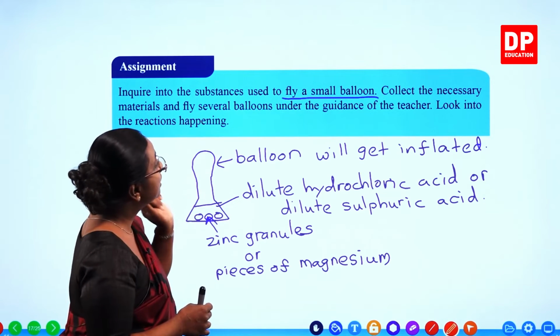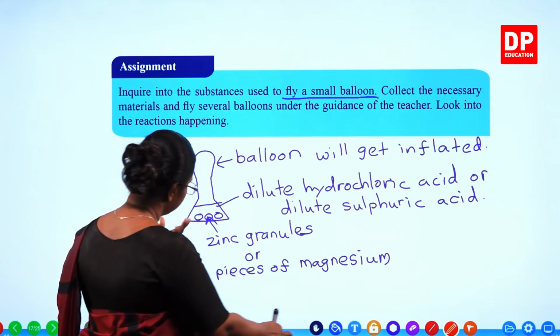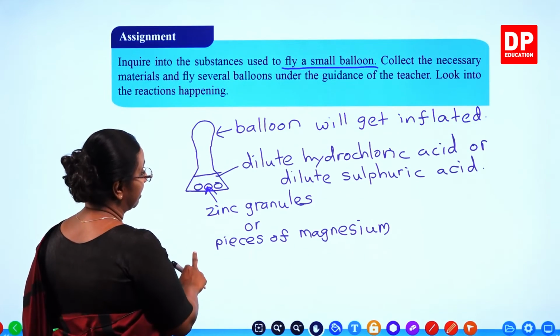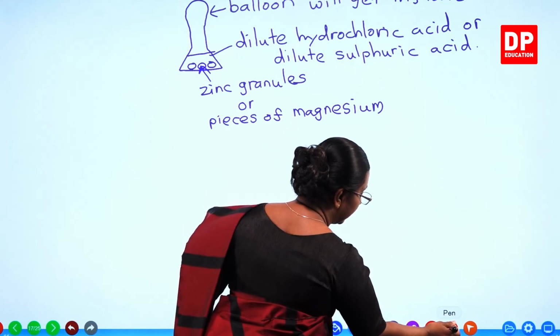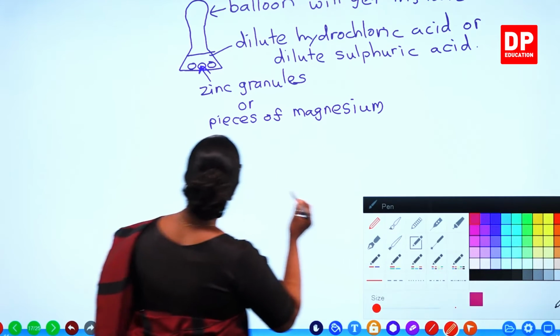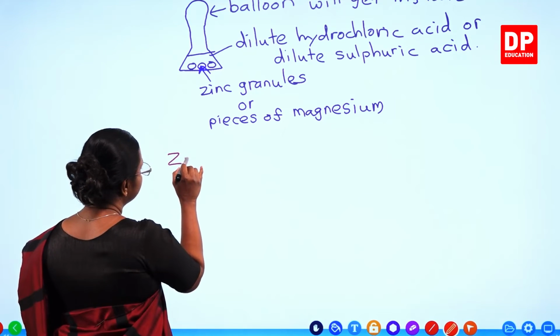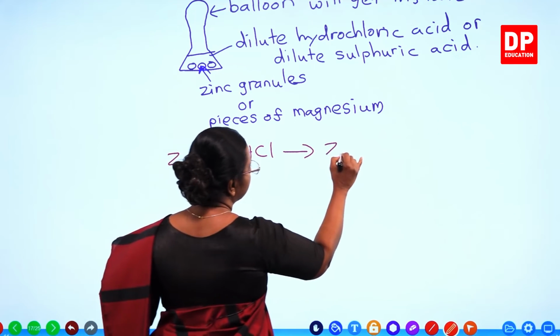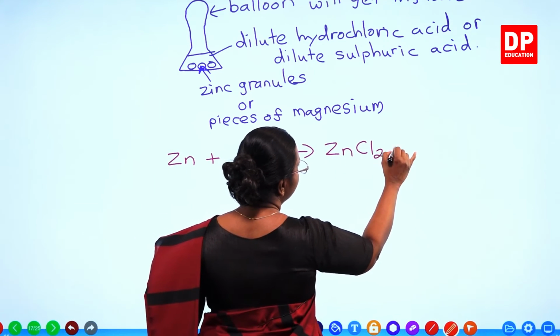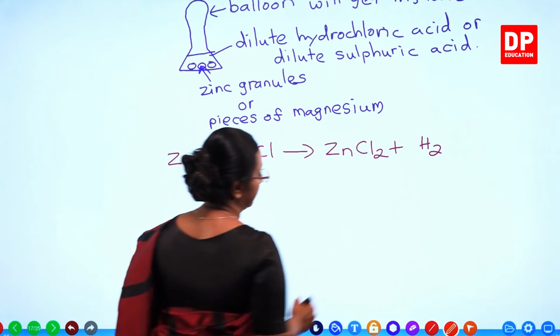And here you need to know the reactions. I am sure you can remember that we have been writing these reactions over and over again. If it is zinc with HCl, you get ZnCl2 plus H2 gas.